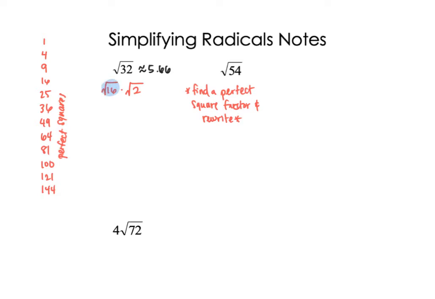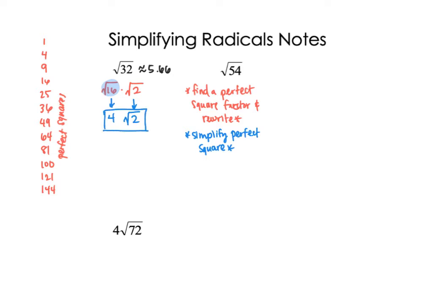So since 16 is a perfect square, we're now going to simplify the perfect square. Square root of 16 is 4, and then square root of 2 can't be simplified, so we leave it as square root of 2. So that's how you simplify a radical.